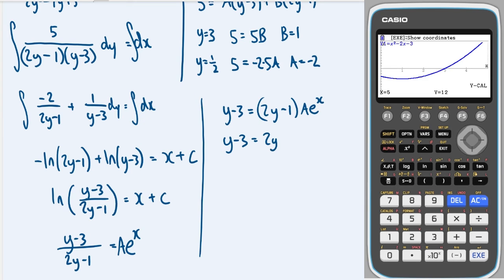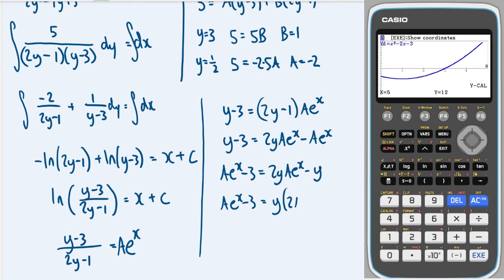So we're going to get 2y a e to the x minus a e to the x. We are going to move all the y's over to the same side. So we're going to get a e to the x minus 3 is equal to 2y a e to the x minus y.